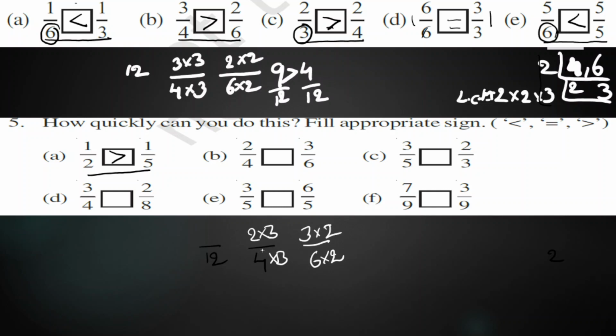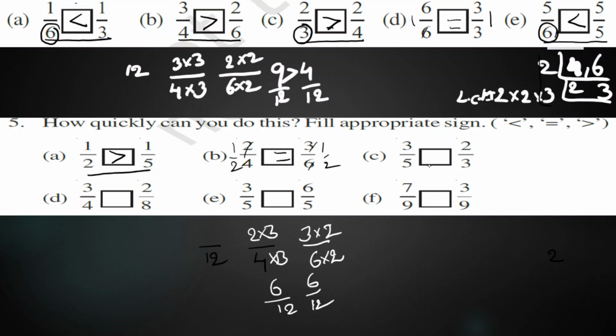And here the fraction 2 by 4 becomes 6 by 12 and this is also 6 by 12. So these are equal fractions. And it can also be done as, let me write the simplest form of this, 1 by 2 and this is also 1 by 2. And in this way also these are the equal fractions.